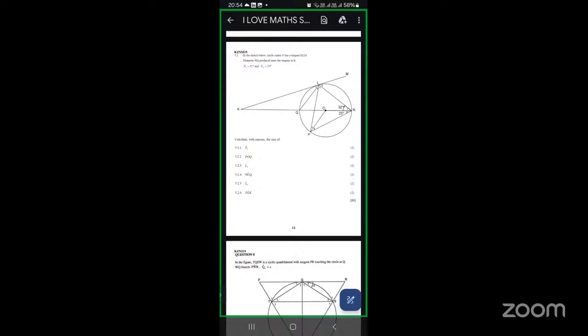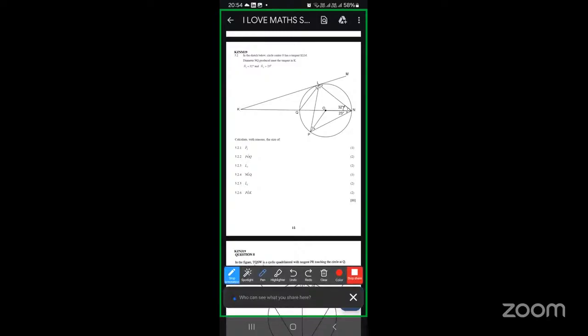That implies that angle QLN, which is this angle right here, is 90 degrees. Why? Because it's an angle in a semicircle. This is the semicircle that we are talking about.